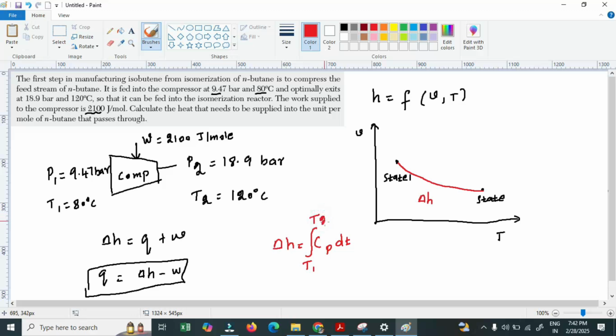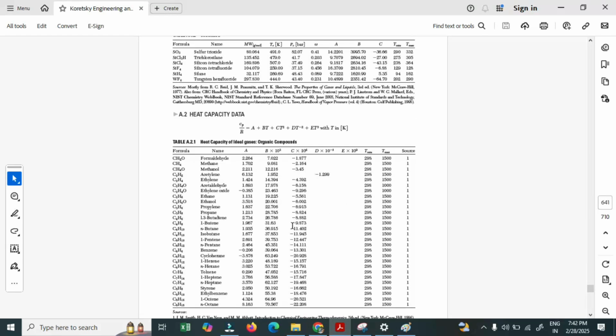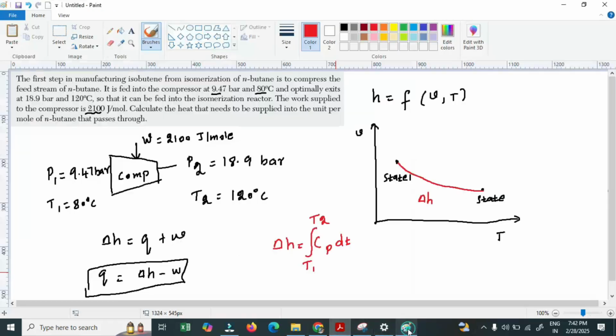Let me zoom in here. For n-butane, the value of A is 1.935, the value of B is 36.915 multiplied by 10 power minus 3, and the value of C is minus 11.945 multiplied by 10 power minus 6.